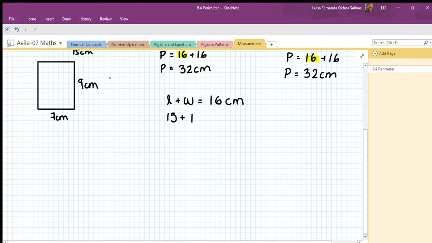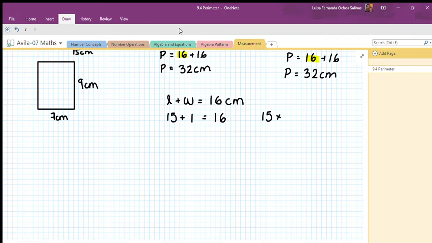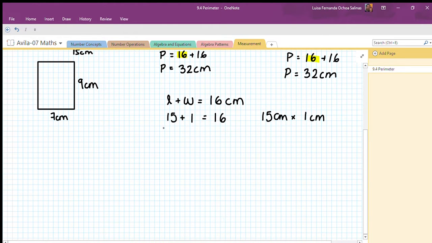That's the one that I had drawn here at the beginning, and that one is going to give me 16 centimeters, agree? Therefore, the first combination is going to be 15 centimeters times 1 centimeter, okay? And I think from here you can continue the pattern. And then what will be the next one? 14 plus 2, agree? And then 13 plus 3.